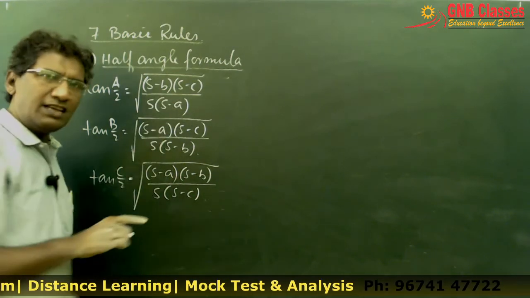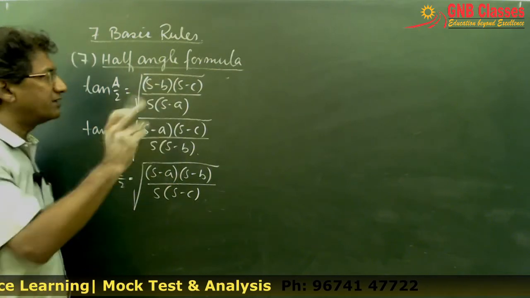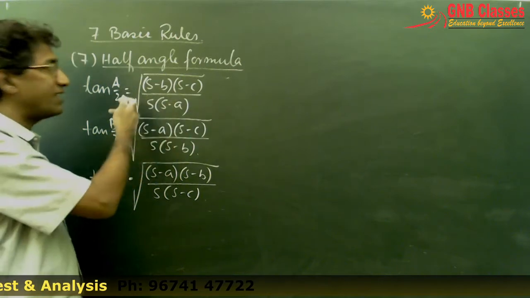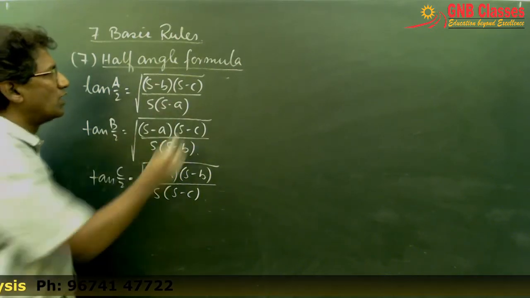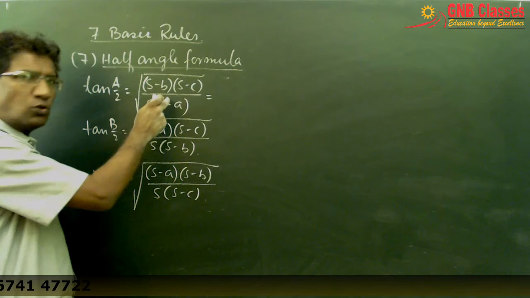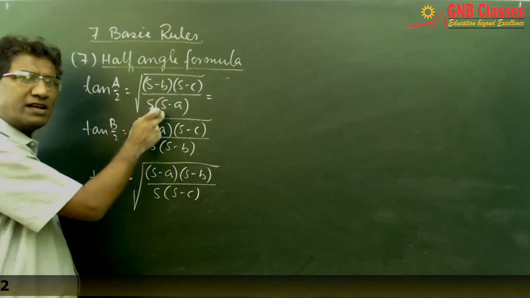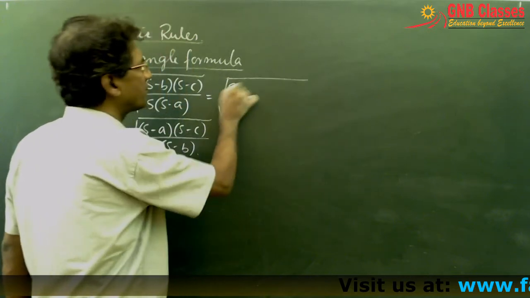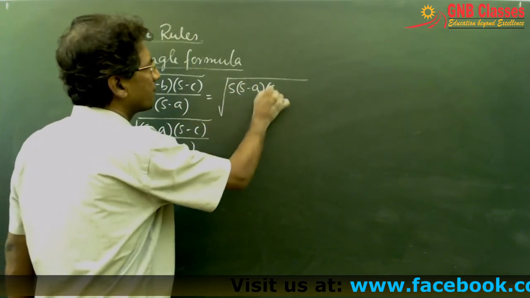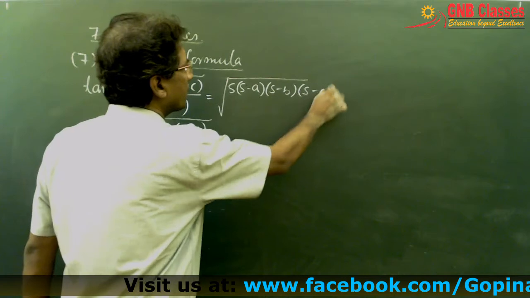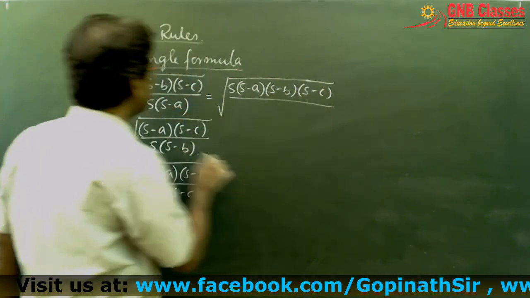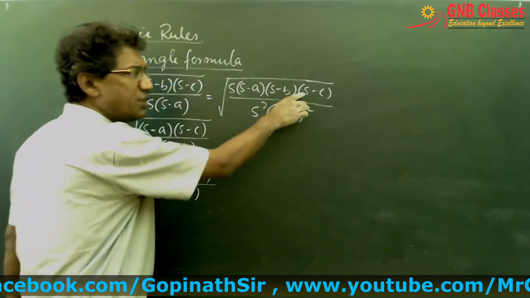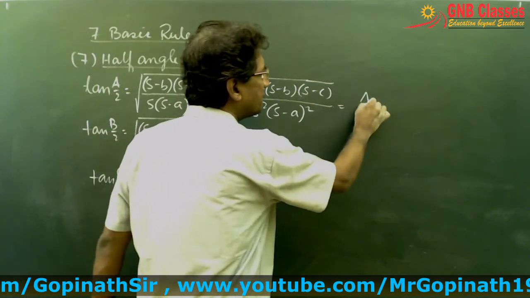Now this is one set we have to remember. Now we can modify this also in another way. In another form we can get for tan A by 2. So for this, under the root sign I'm multiplying numerator and denominator with S into S minus A. So in the numerator we are going to get, is it clear? So what is the numerator? Numerator is nothing but your del.